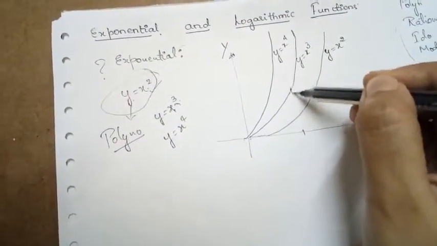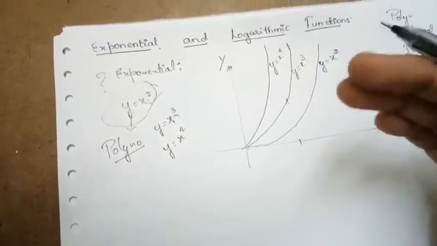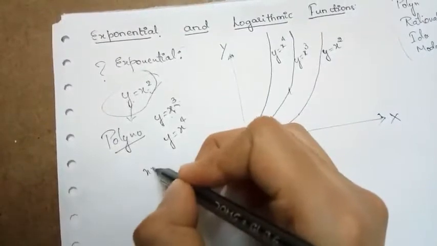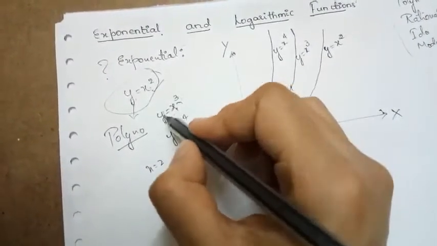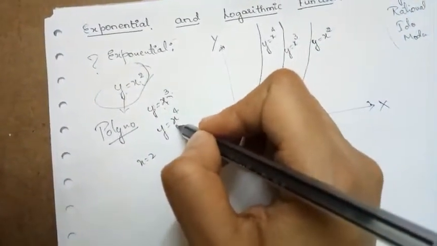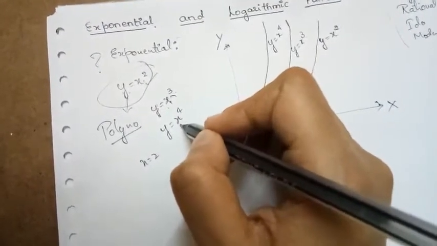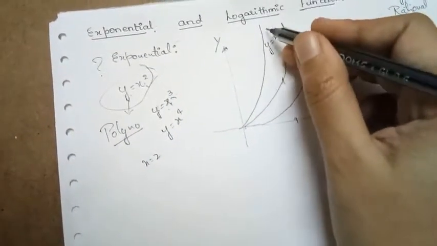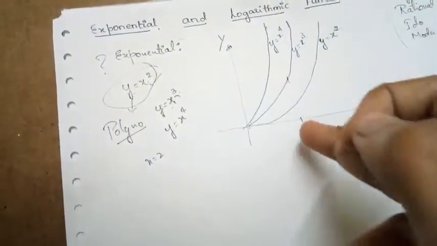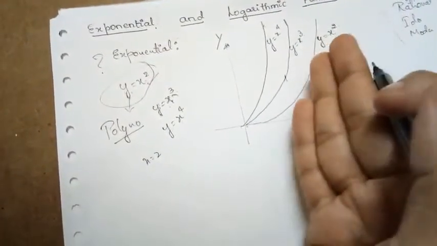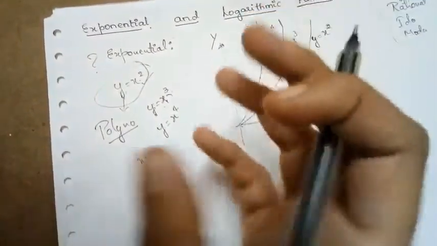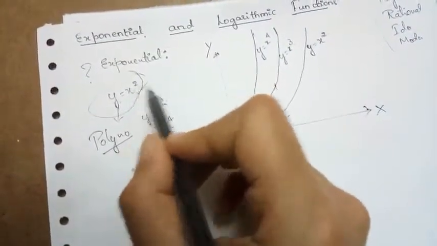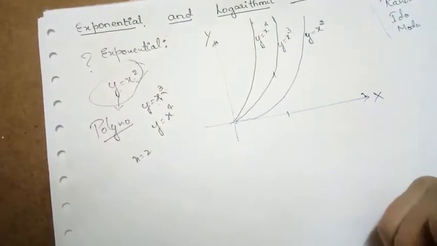Similarly, for x power 4, when x is 2, the value of y will be 16. So you can see the graph goes steeper, increasing rapidly, as the power of x goes on increasing.